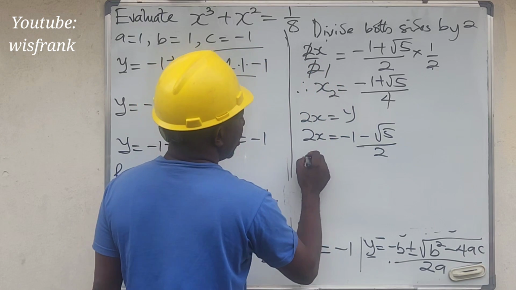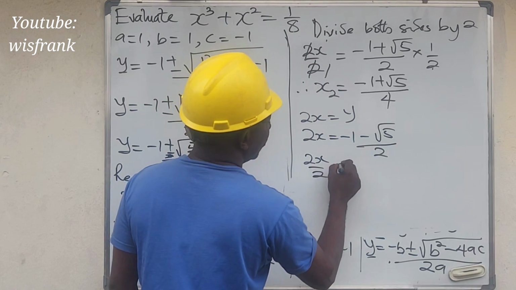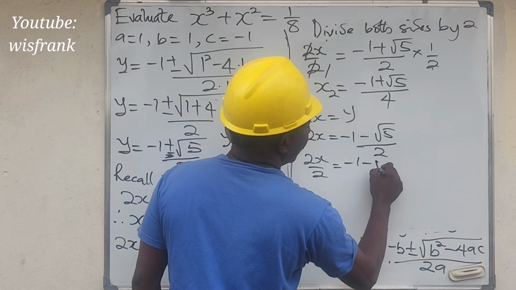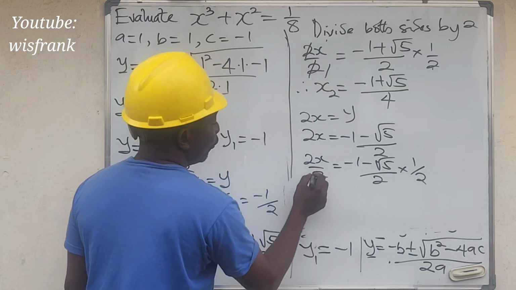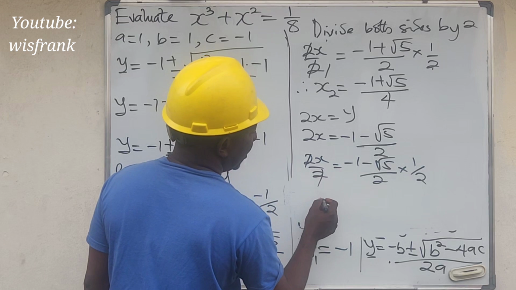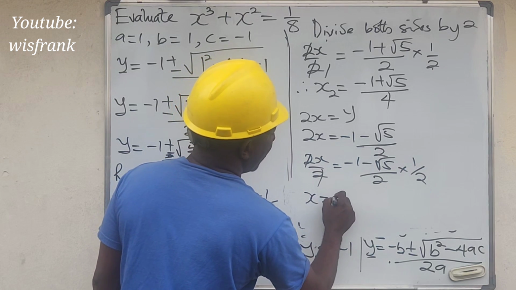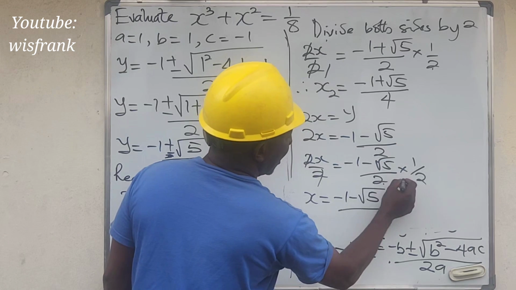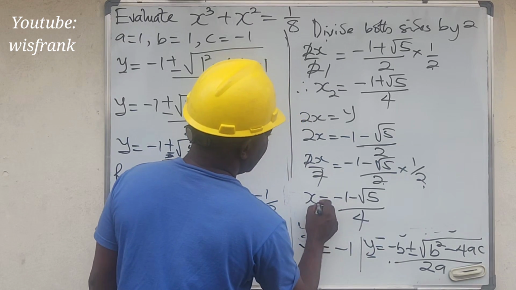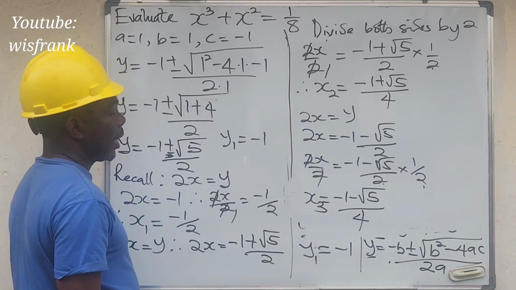So 2x all over 2 equals minus 1 minus root 5 all over 2, times 1 all over 2. The 2 cancels here and here. Therefore, x equals minus 1 minus root 5 all over 2 times 2, which is 4. So this is the third value of x that we have.